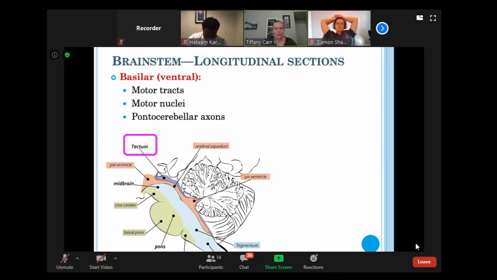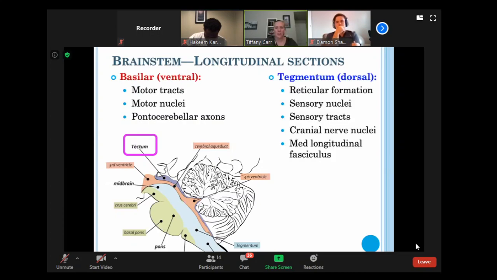But here they just have it as different allocations. So we're going to have the motor tracts and the motor nuclei traveling ventrally. So all of this area here is where the motor tract's going to be running, and the pontocerebellar axons.